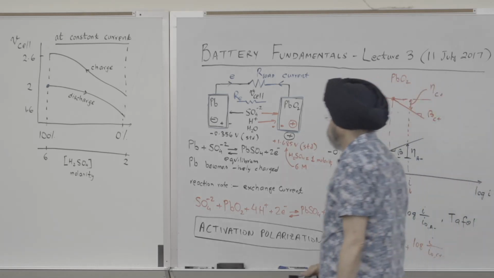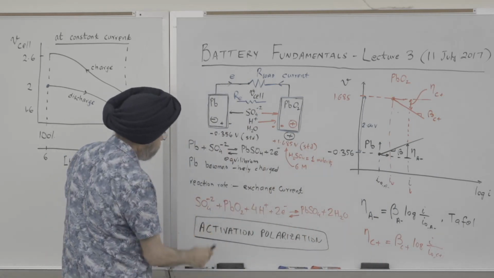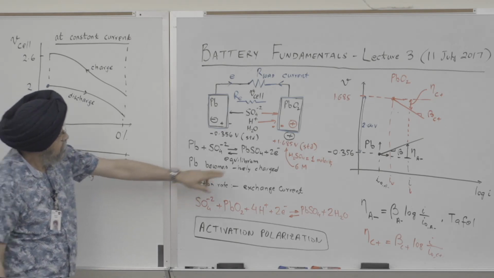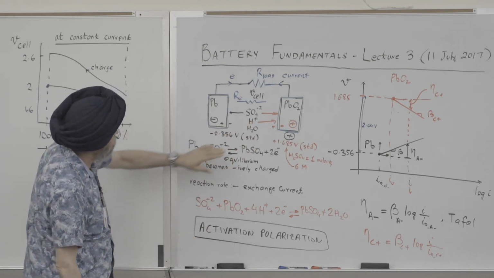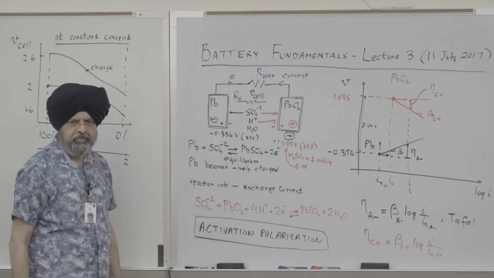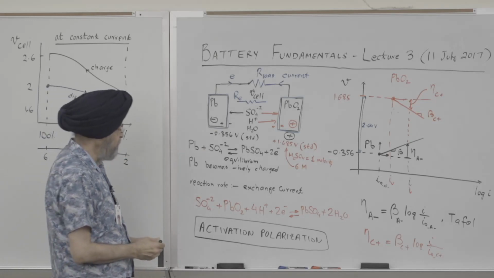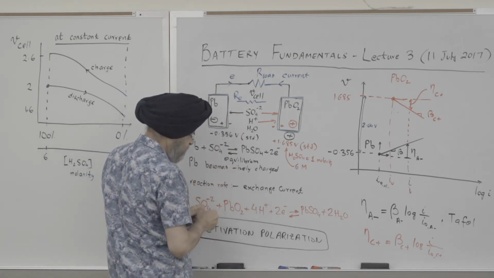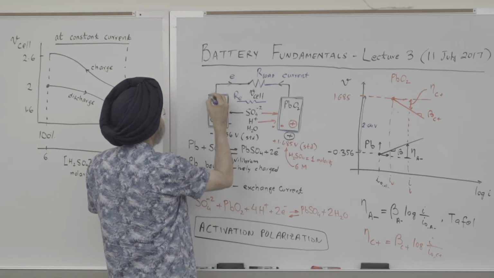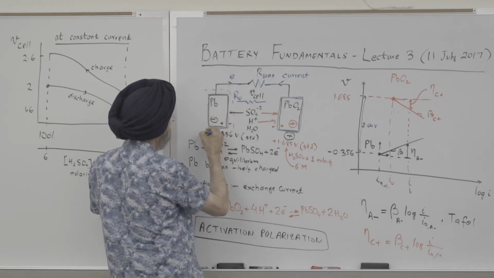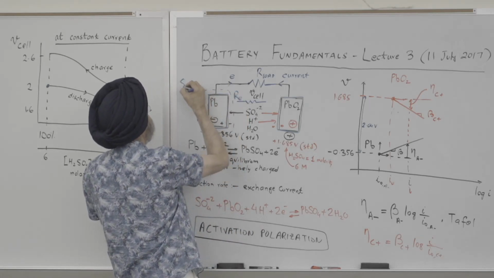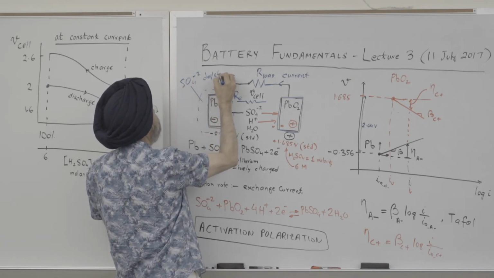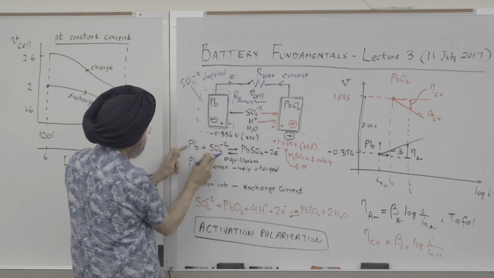Also notice that in both these reactions, the sulfate ion is being consumed. So sulfate ions near the surface are being consumed here and also on the lead electrode. So this gives you a concentration gradient, right? There'll be a region around this where the sulfate ions are depleted, because they combined in this reaction.